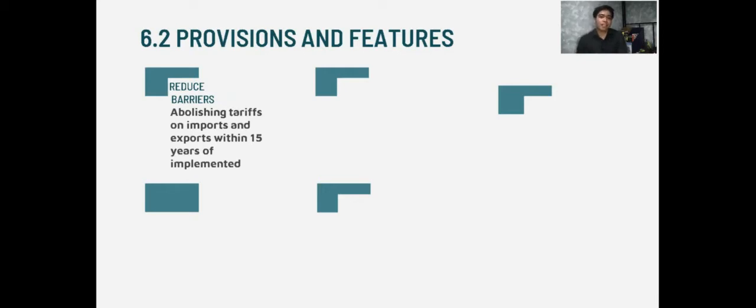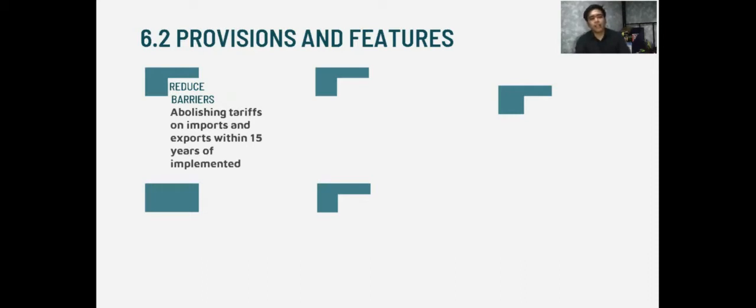NAFTA addressed this imbalance by phasing out tariffs over 15 years. Construction, engineering, accounting, advertising, consulting or managing, architecture, health care management, commercial, education, and tourism are among the areas covered.